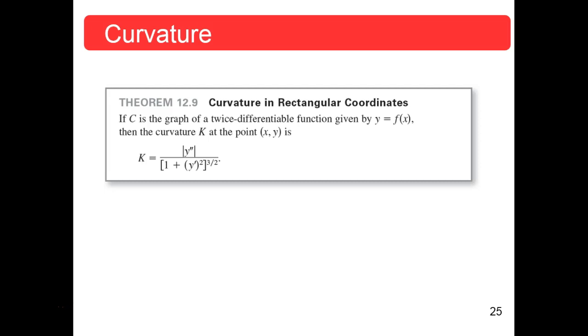But the curvature then at any point xy is your y double prime, the absolute value of the y double prime, divided by 1 plus y prime squared raised to the 3/2 power.